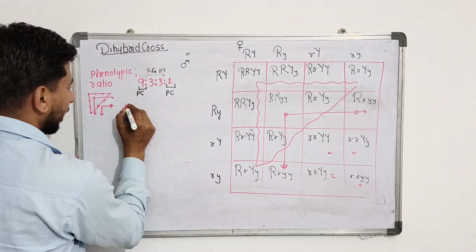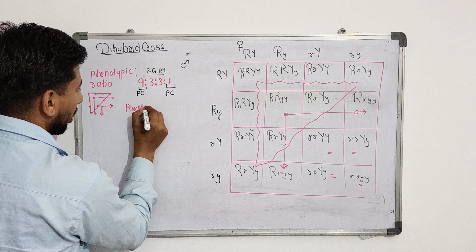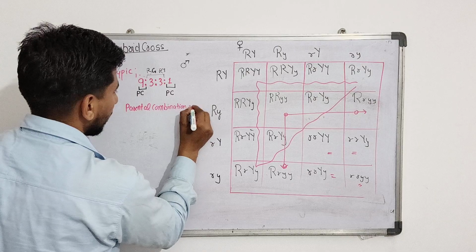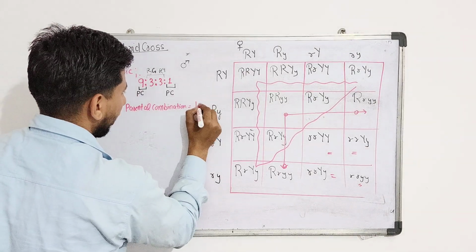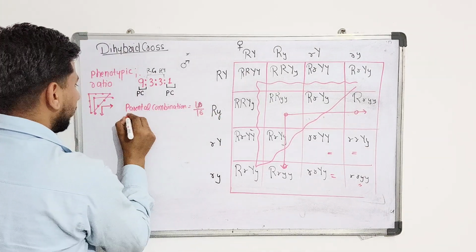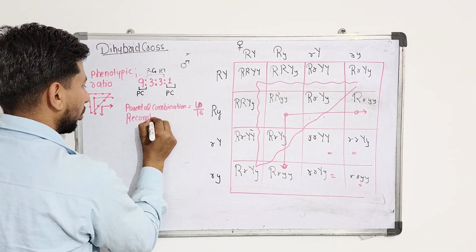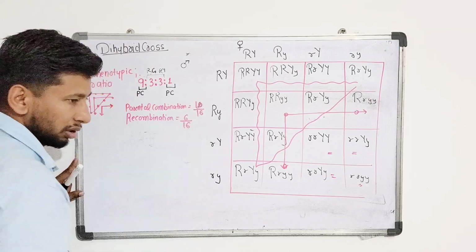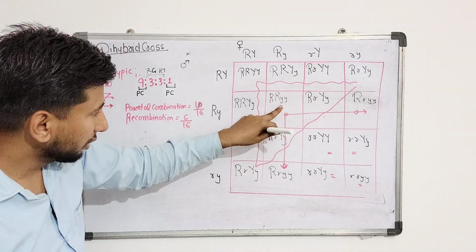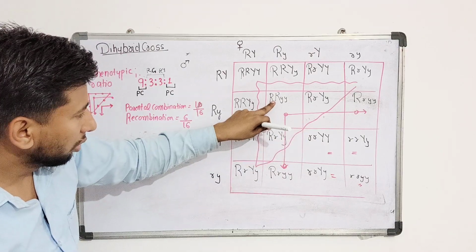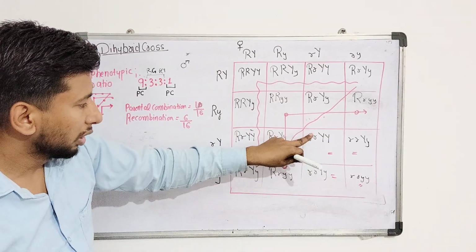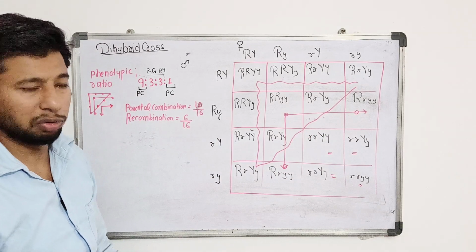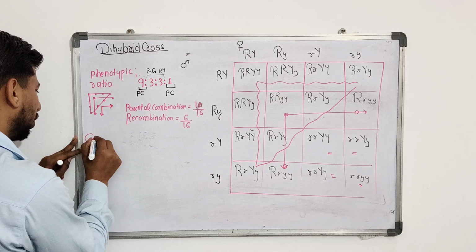So out of 16, parental combinations are 10 by 16. If we see recombinants, how many new are formed? It is 6 by 16, because these are round green and these are wrinkled yellow. We don't take these types of phenotype in F1, F2, but these are the new ones.